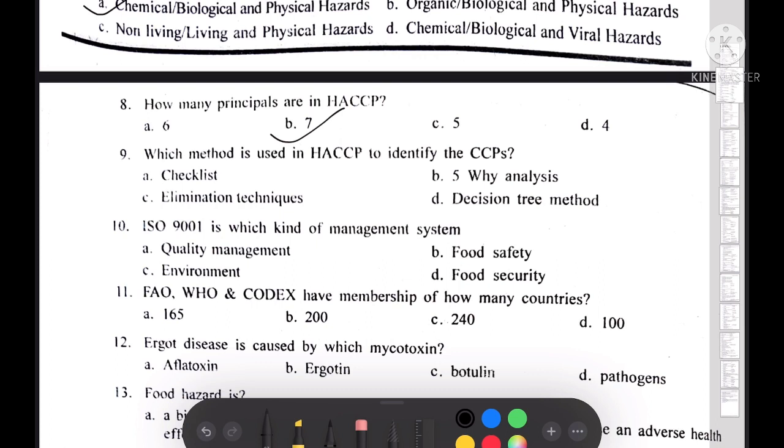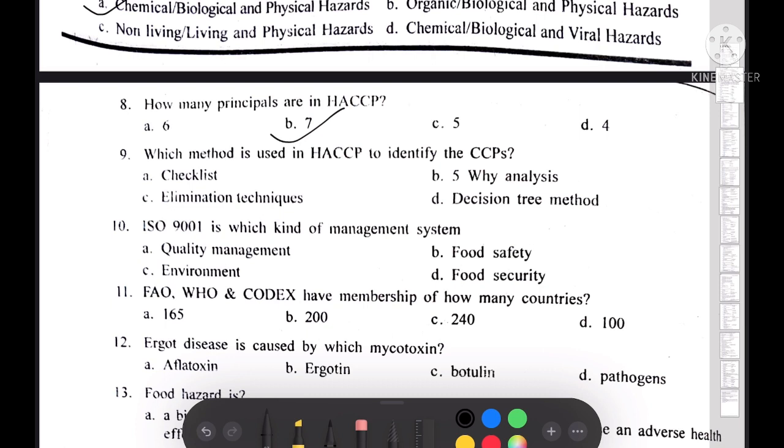The principles include hazard analysis, critical control point identification, establishing critical limits, monitoring procedures, corrective actions, verification procedures, and record keeping and documentation.